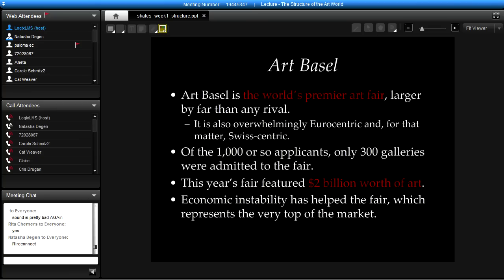That's excluding the cost of shipping, insurance, contemporary art. It's the most prominent and prestigious. It's also overwhelmingly Eurocentric.